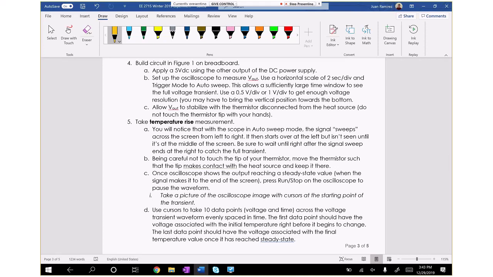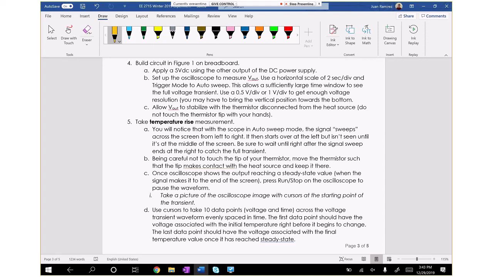Finally, that's when we will go ahead and build our circuit, our voltage divider with the thermistor, and then we're going to actually connect or touch the thermistor tip to the hot resistor and see how the voltage output of that voltage divider changes. And then we're going to take a snapshot of that change, and then we're going to put cursors to find 10 different data points.